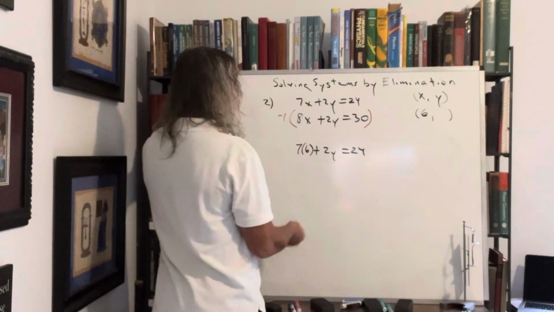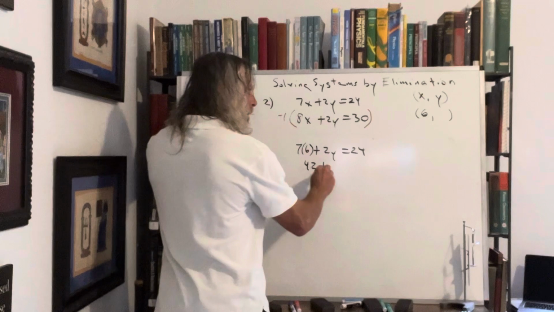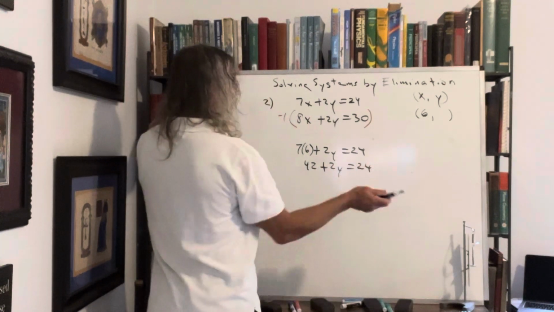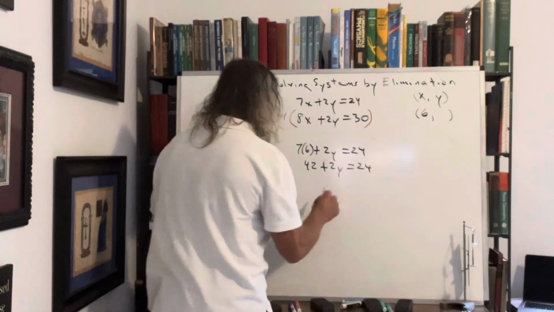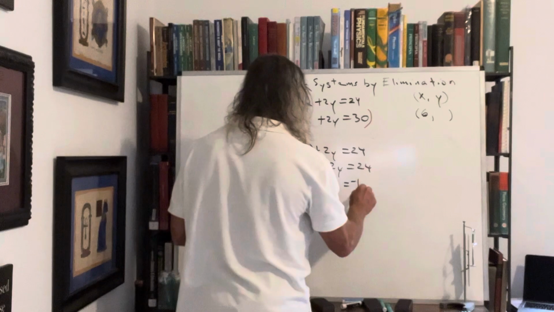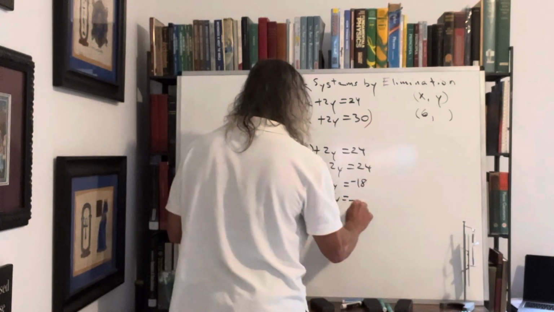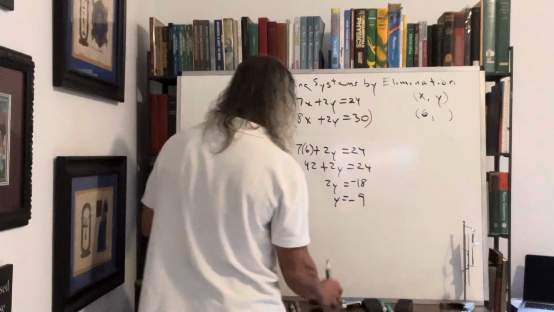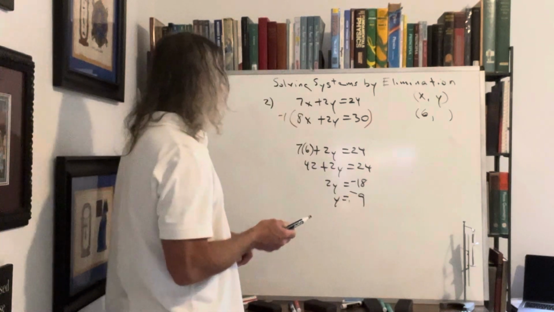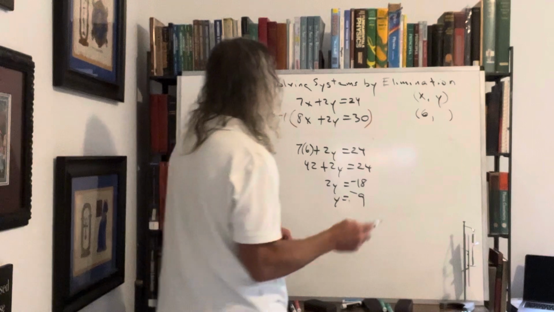So 42 plus 2y is 24. Subtract 42. 2y is -18. Divide by 2: y is -9.